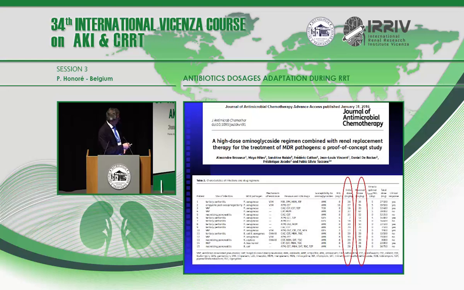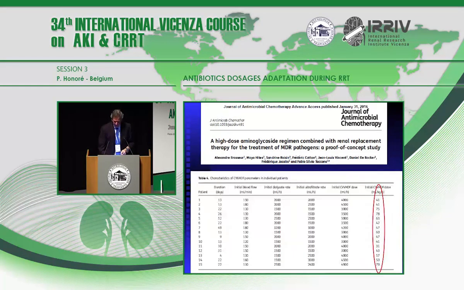Well, they said, okay, we will start with a loading dose, 35 milligrams per kilo, very high, okay. Then according to the dosage, we have to have the peak above the MIC 8 to 10 times. So that gives, in one case here, 70 milligrams. If you go like this, everyone goes into acute kidney injury, chronic kidney disease, chronic dialysis, end of it. But they had a protocol, a nice protocol.